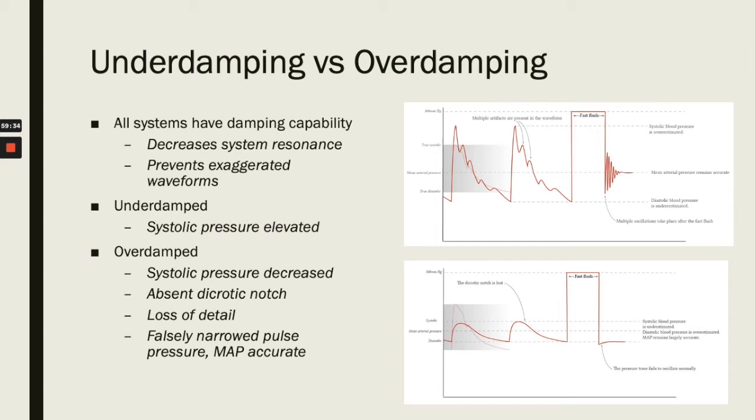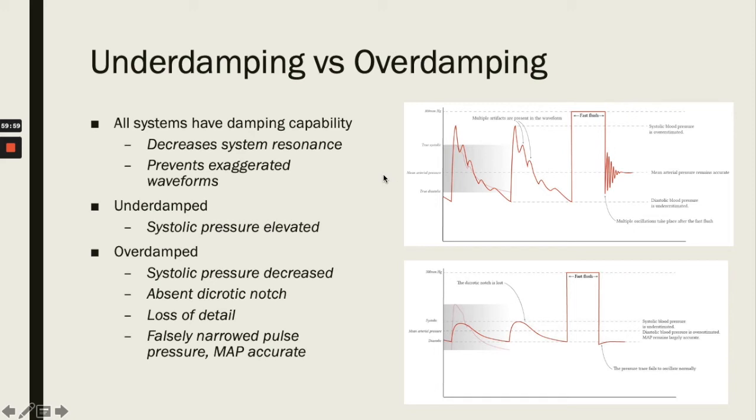So it decreases the extra bouncing or extra oscillations that you could possibly see, like you see here, the extra bouncing. That means this would be a lot of increased resonance, hence being an underdamped system.